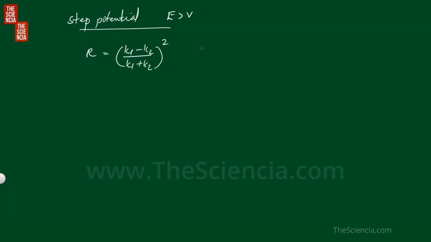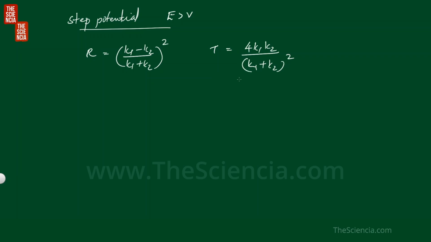Therefore, for a step potential where the particle energy E is greater than the potential of the step, the reflection coefficient is equal to k1 minus k2 by k1 plus k2 all square, and the transmission coefficient is equal to 4 k1 k2 by k1 plus k2 all square.